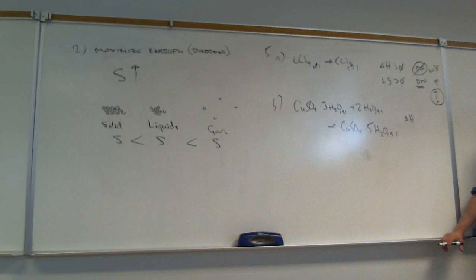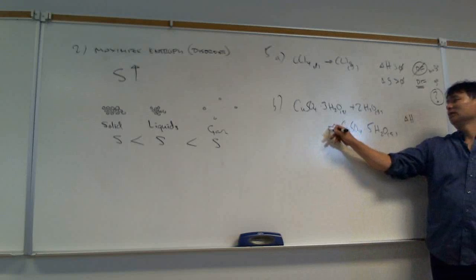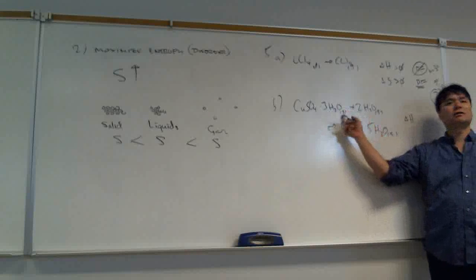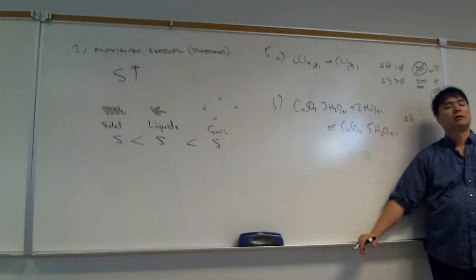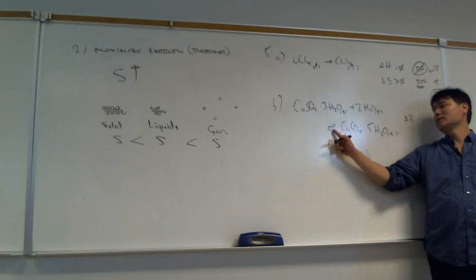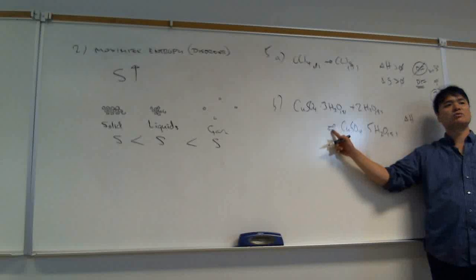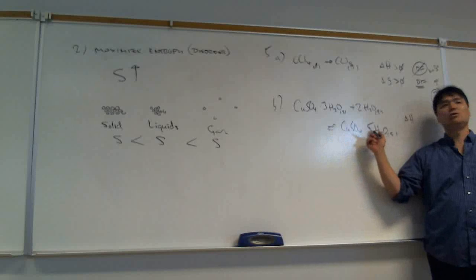Delta H is going up or down? Well, reverse this reaction. If we reverse this reaction, delta H would be going up or down? If we reverse this, I would say delta H is going up because we have to break 2 waters.